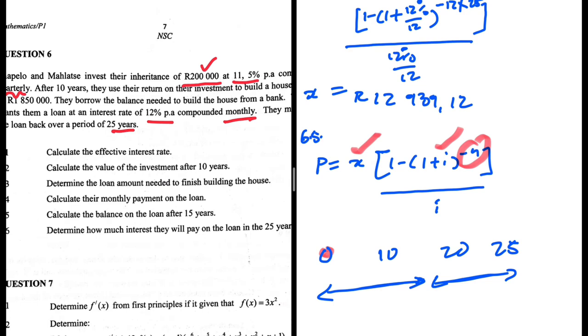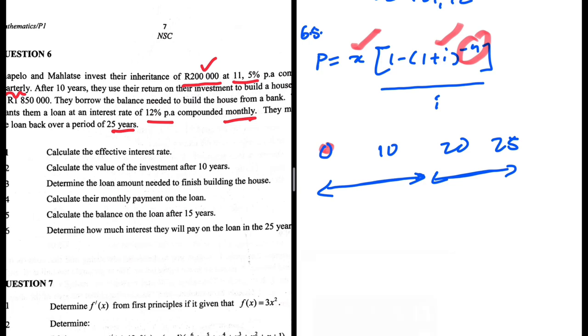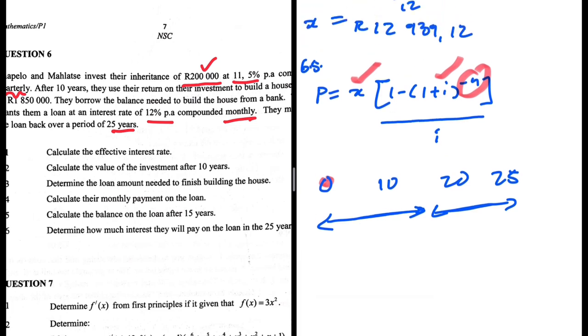In place of n, we just substitute 10 multiplied by 12 because it is compounded monthly. So that is how you find the balance. In place of n, you substitute the number of months that we still need to pay.